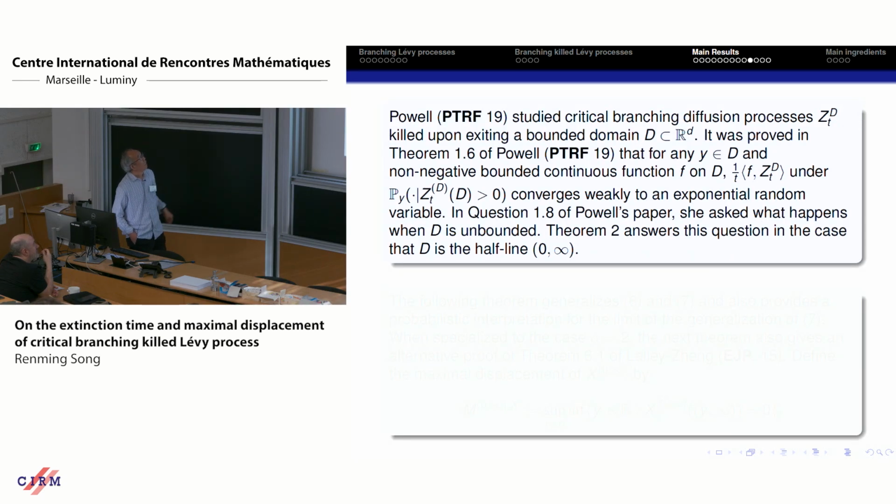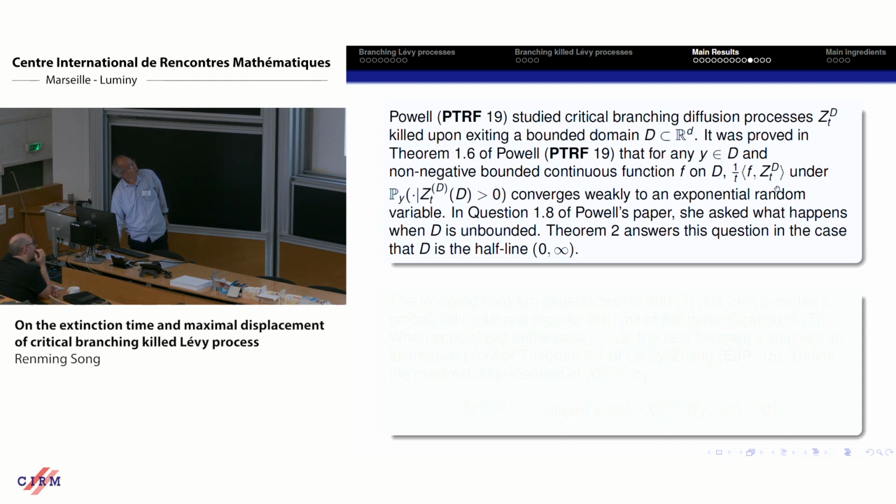In this paper of Alan Powell, she studied critical branching diffusion processes upon first exiting a bounded smooth domain in R^d. There she proved that there is a certain scaling limit under the assumption that the process hasn't become extinct at time t.